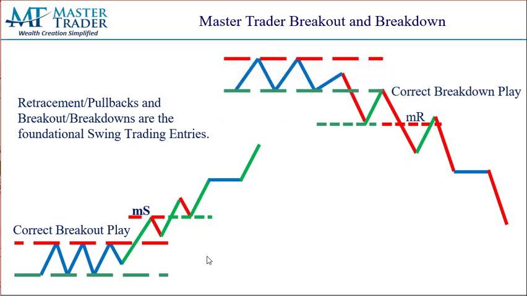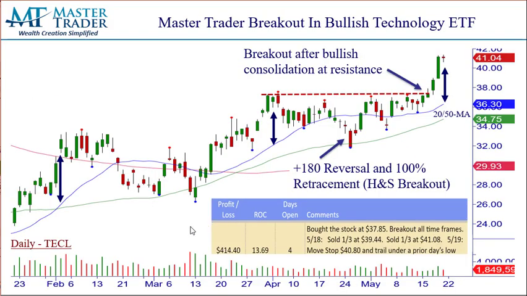Same obviously on the breakdown. But today I'm going to show you an example of a very high probability initial breakout, and all of the clues that suggested with high probability that it was going to continue higher, like it did.